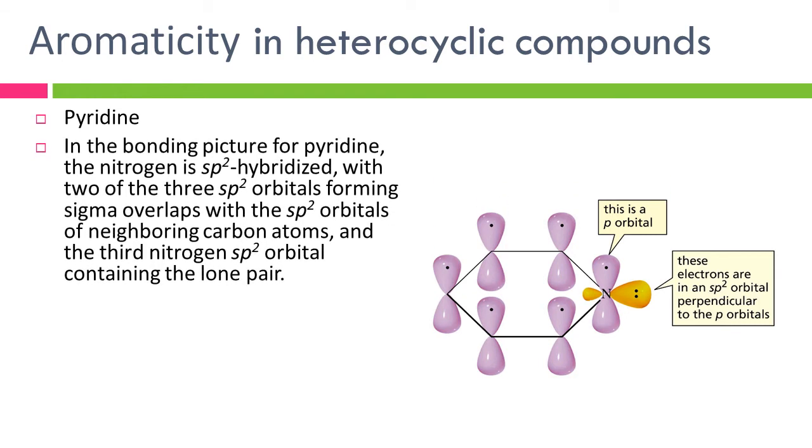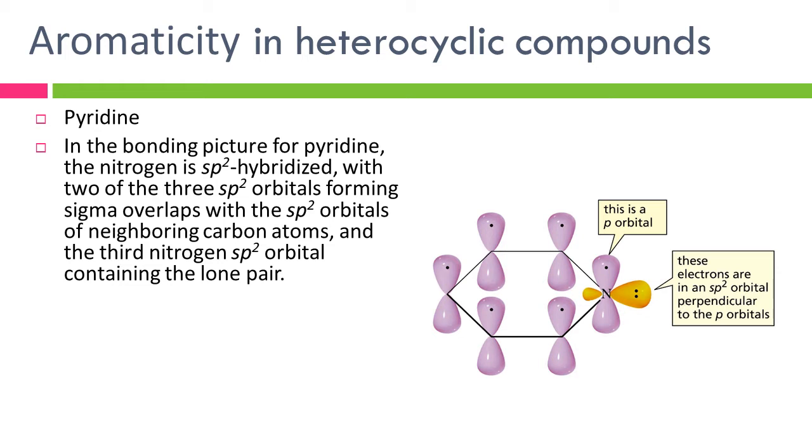In the bonding structure of pyridine, the nitrogen is sp2 hybridized, with 2 of the 3 sp2 orbitals forming sigma overlaps with sp2 orbitals of neighboring carbon atoms, and the third nitrogen sp2 orbital contains a lone pair.